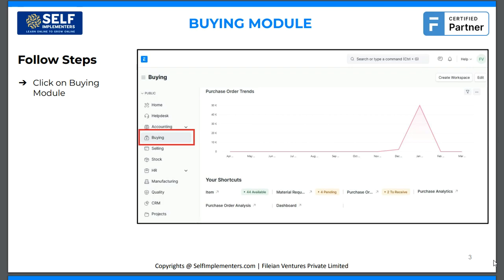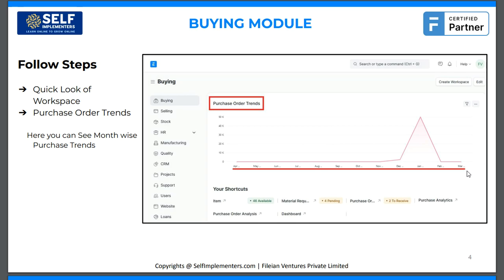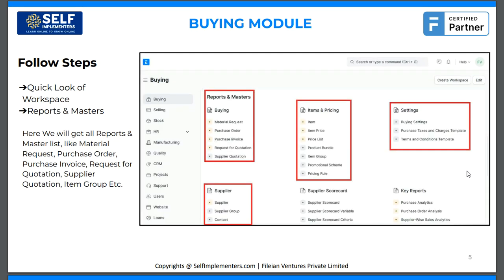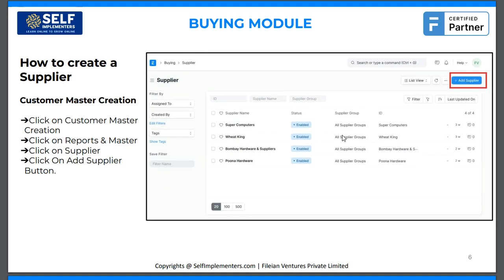We will take an overview of the buying module workspace, as well as complete one buying cycle, and go through all the menus like reports and master, item and pricing, settings, and supplier masters. Also we will create one supplier master record.